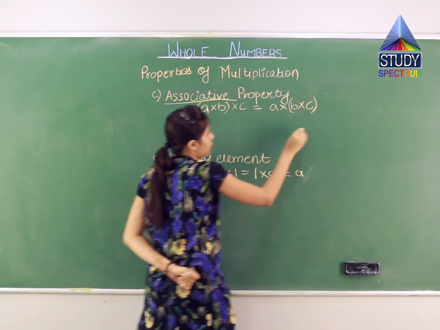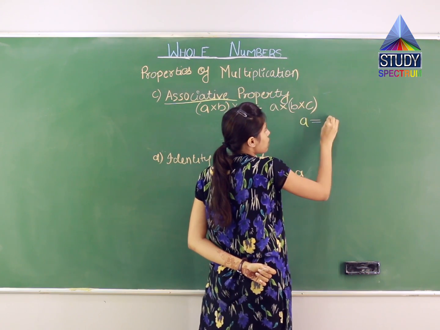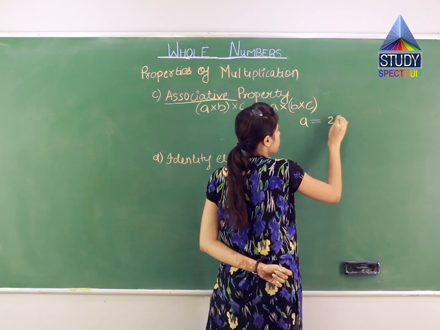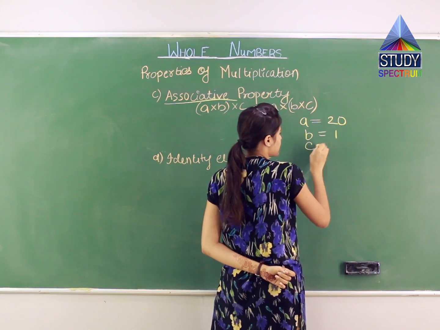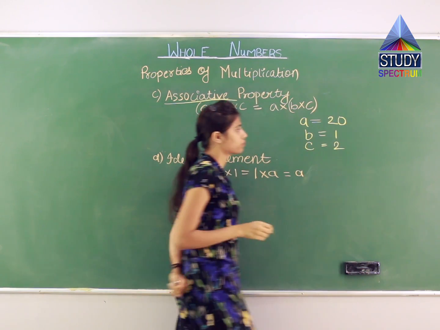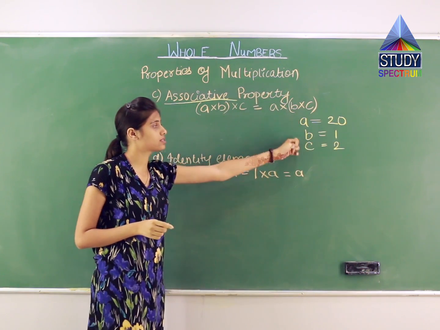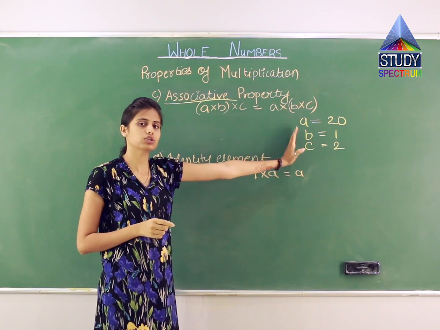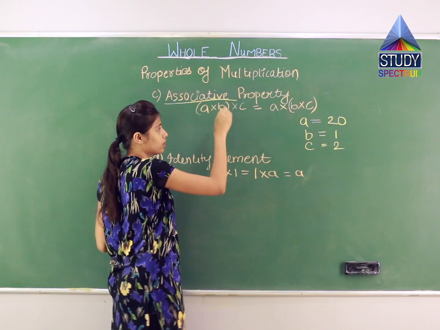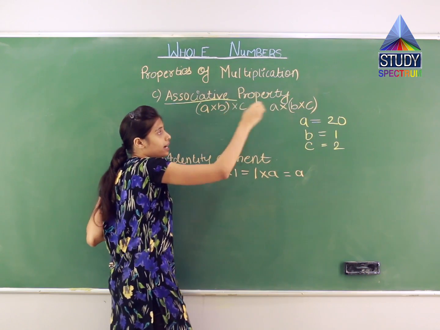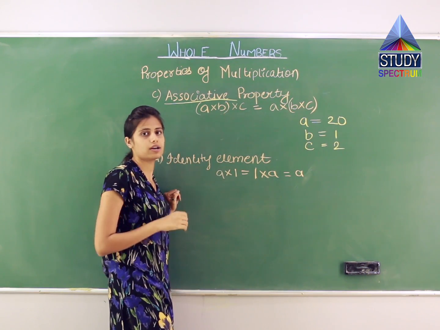I have taken A equal to, suppose, 20, B equal to 1 and C equal to 2. Let us check whether, if I substitute these numbers in the formula, I get the answer on the left hand side equal to the right hand side or not.